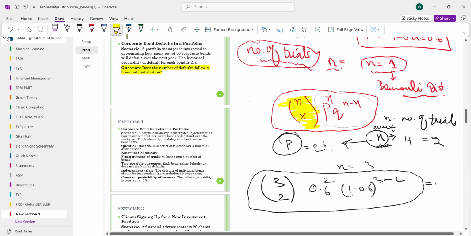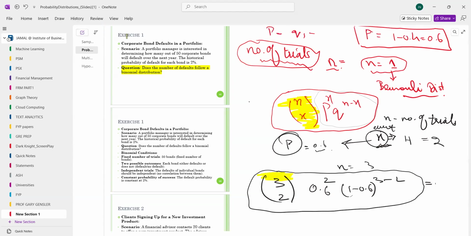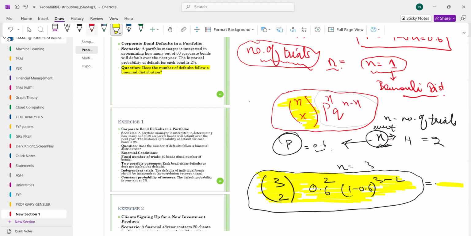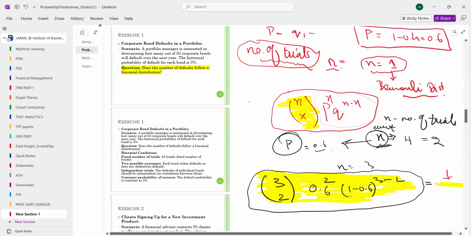We're going to toss the coin 3 times, and we're interested to know the probability that out of 3 there will be 2 outcomes in which we will have head. And given the fact that the probability of head happening is 0.6, you can plug these values in this formula and calculate the probability here. Whatever the probability is going to be here will be the probability of getting 2 heads out of 3 trials.